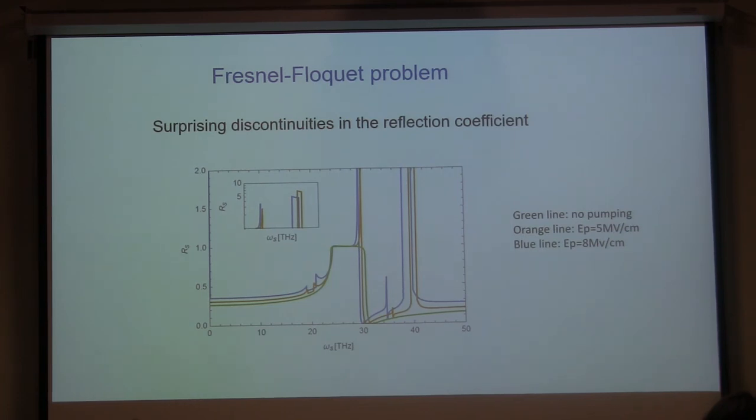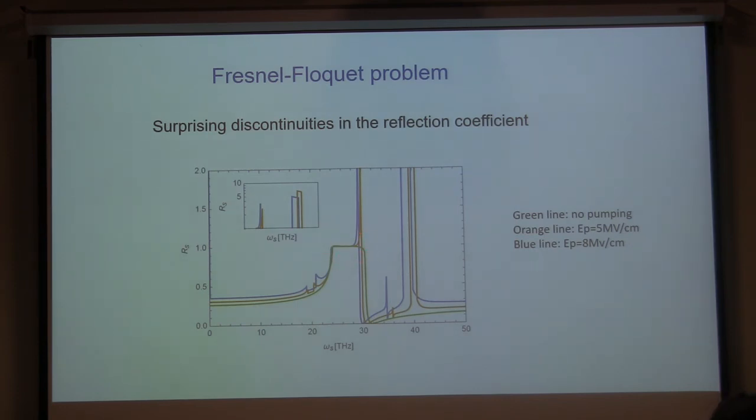And when we do this, first of all, this shows us the reflection coefficient as a function of frequency. The green line is when there is no drive. And what you can see is basically what we saw in the experiment, a reflection coefficient close to 1.